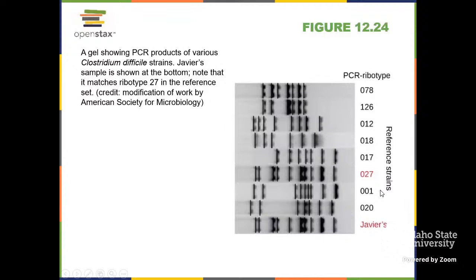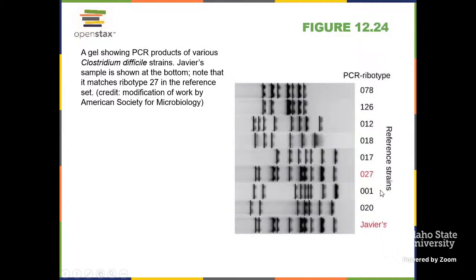So this is another story moving through here. Javier has some intestinal issues going on. Clostridium difficile, bad news. We'll talk about some details with it in the last chunk of material. So here we've got some PCR products from a handful of different strains, variants of Clostridium, all Clostridium difficile, but subtle differences, ribotypes. So here's Javier's sample. We've cultivated up the Clostridium, extracted DNA.